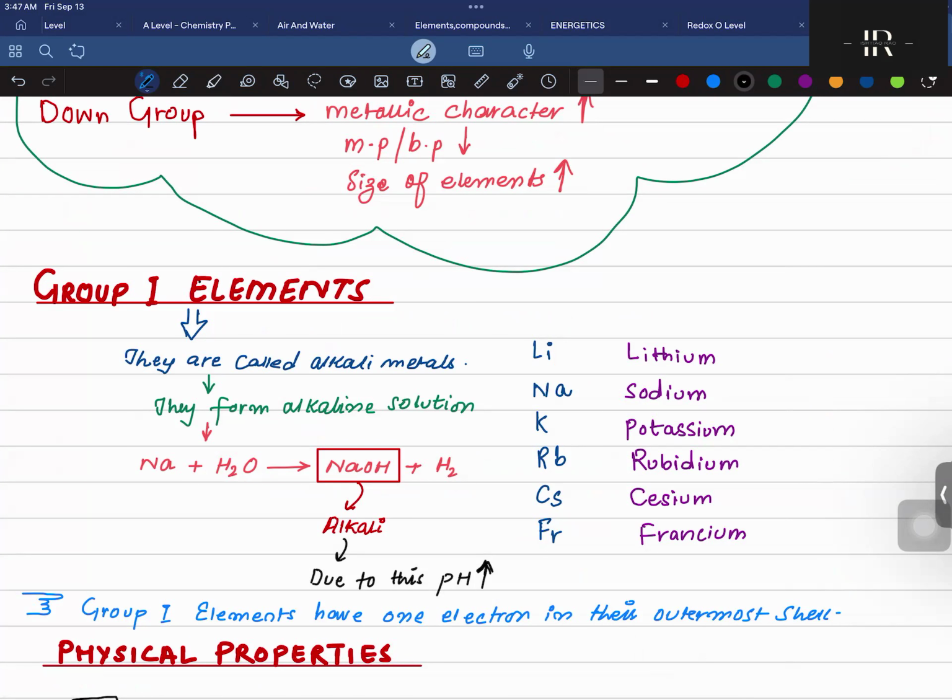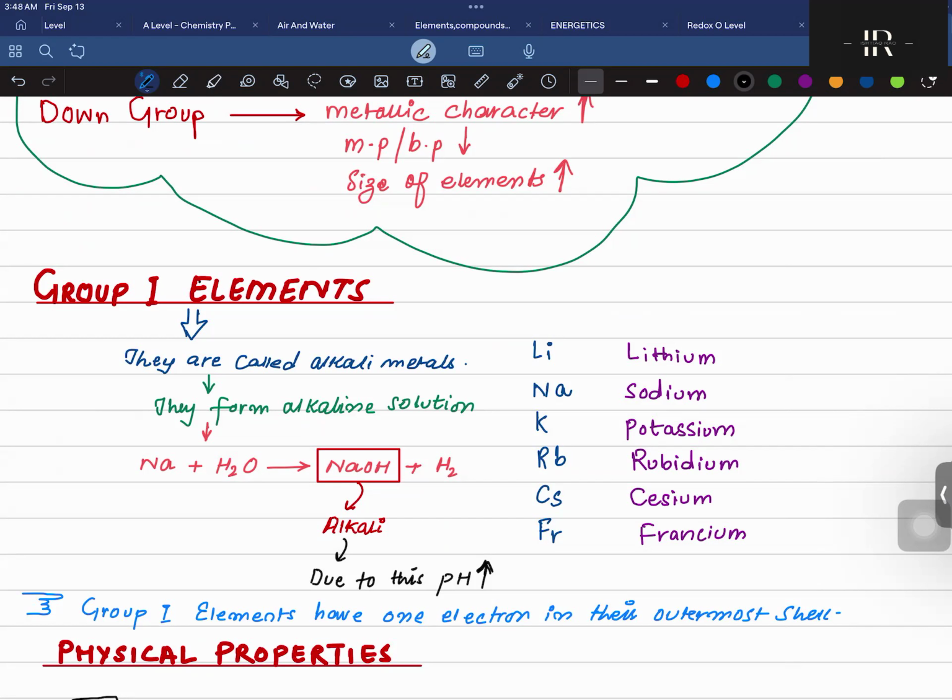All of those metals are hard, but alkali metals are soft. They have some unique properties as compared to the other metals. They are soft, other metals are hard. They have low melting point, other metals have high melting point. These are the minute differences between them.